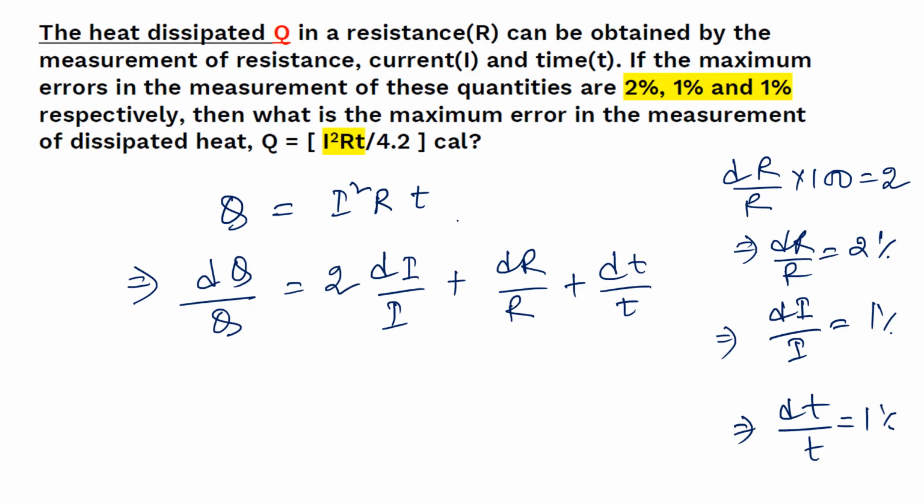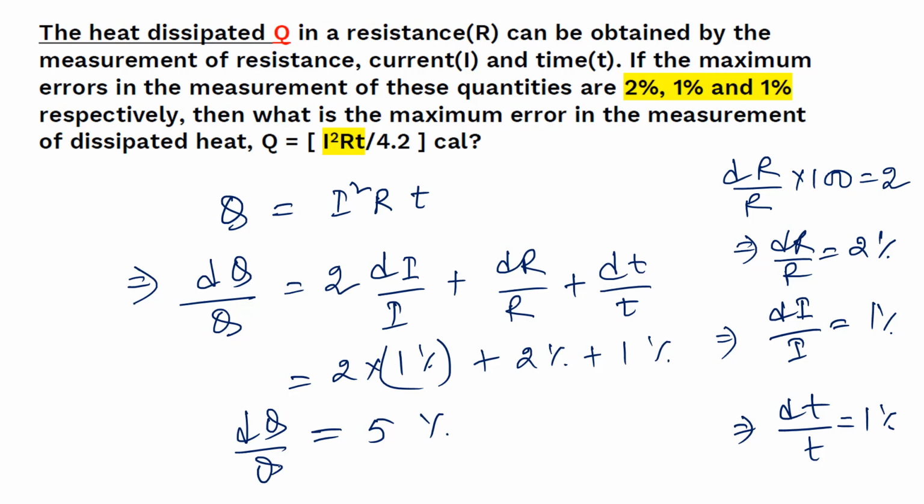So I get 2 multiplied by 1% for di upon I, plus 2% for dr upon r, plus 1% for dt upon t. The total error is 5%, right? So dq upon q has the value of 5%.